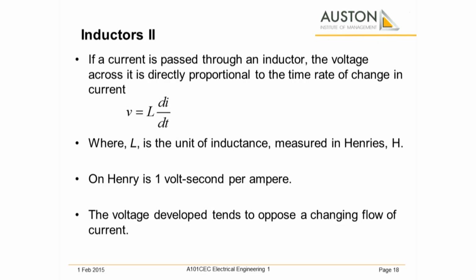Because in AC, the current is alternating from positive to negative. It is constantly changing. Thus, voltage can be developed across an inductor. We can say then that the voltage across an inductor is equal to the inductance L multiplied by the change in current per unit time.